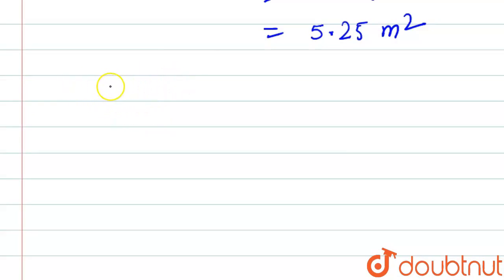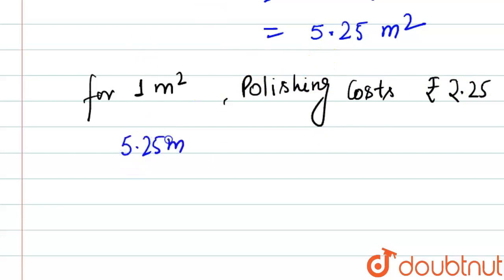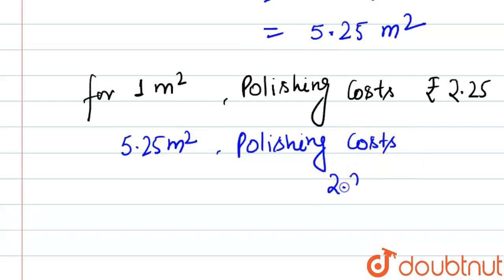The rate was, for 1 meter square, polishing costs rupees 2.25. So for 5.25 meter square, that is the area of the tabletop, polishing costs 2.25 multiplied by 5.25 rupees.